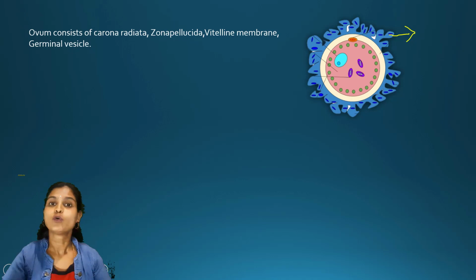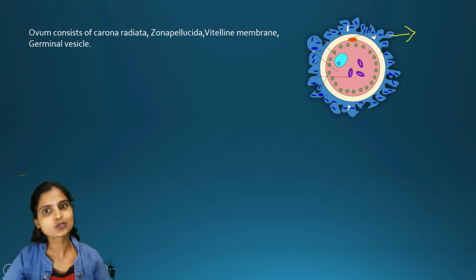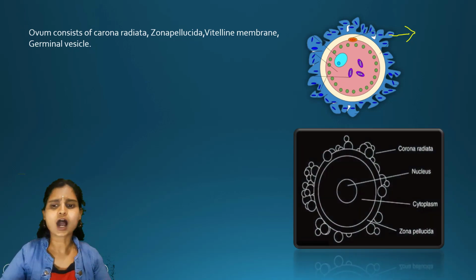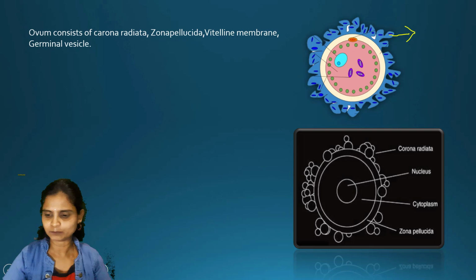Then we have the vitelline membrane, then the germinal vesicle, and all the cell organelles. We are going to study all these parts step by step. This is the outline of the ovum.